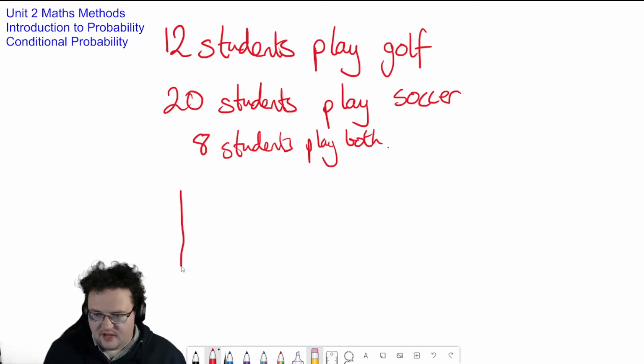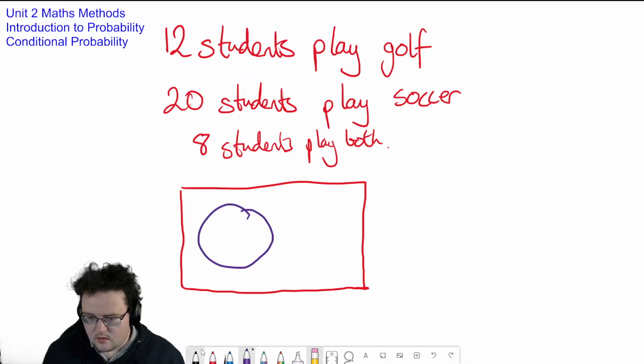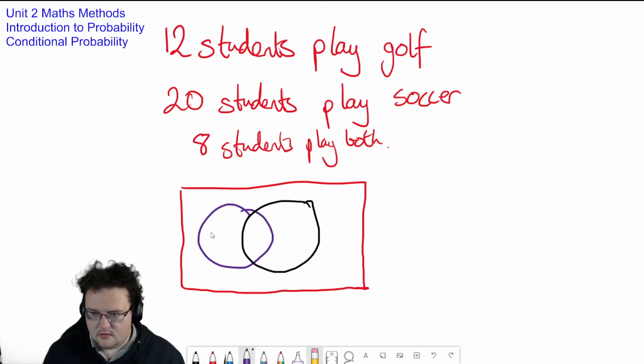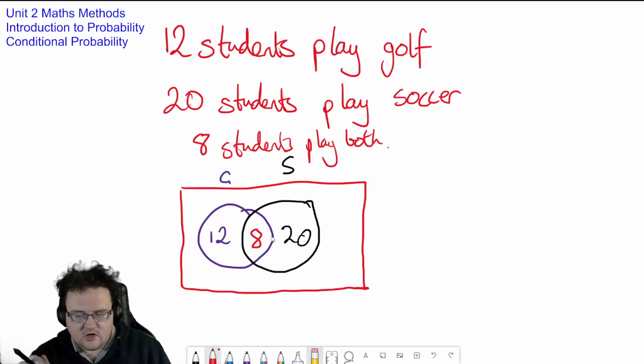Now, a lot of people would just assume that the numbers they need to write in are, so this is golf, this is soccer, and then in the middle is both. But that's not how it works.